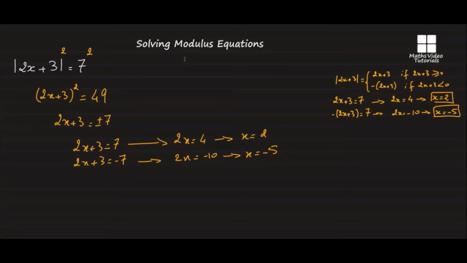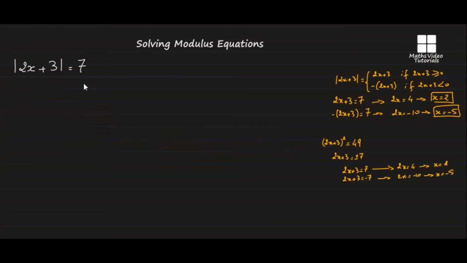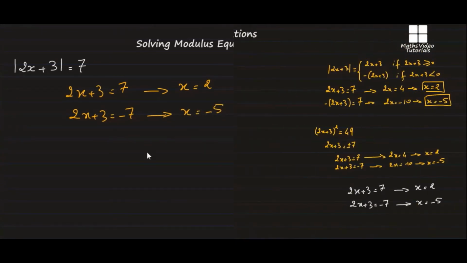The third method is very much similar to the second method, but instead of elevating to the power of 2 and then square rooting both sides, we could just say that 2x plus 3 is equal either 7 or 2x plus 3 equal negative 7. And this one will give me, of course, x equal 2, and this one will give me x equal negative 5.